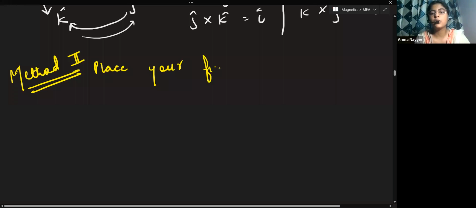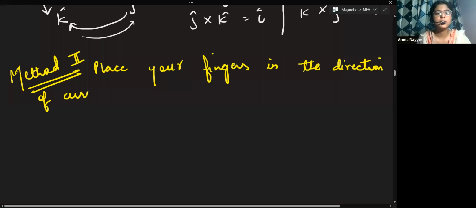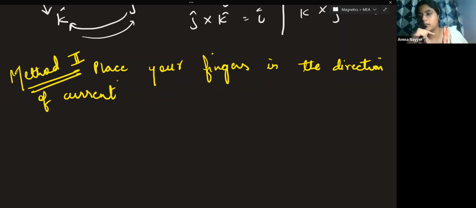So place your fingers in the direction of current. And then curl your fingers towards the point where you want to find the magnetic field.